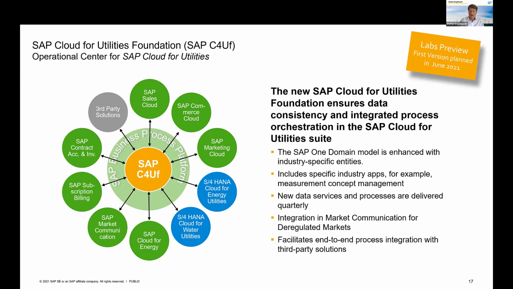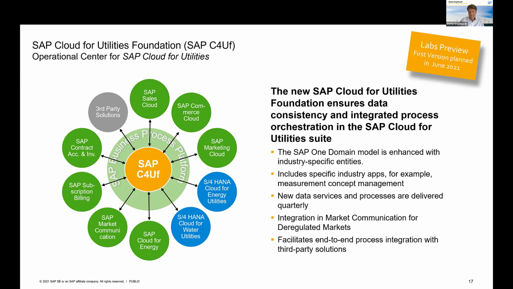So this is all part of what we call the Cloud for Utilities Foundation. It is a foundational element that helps to orchestrate and connect different cloud solutions via open standards in order to support an end-to-end orchestration of the processes, an end-to-end data integration. And it is as well prospectively supporting the connection to third-party solutions, because you could use the functionality and the skill set as well of this foundation to embed a third-party component in this architecture.